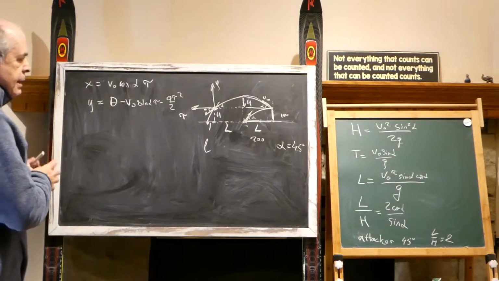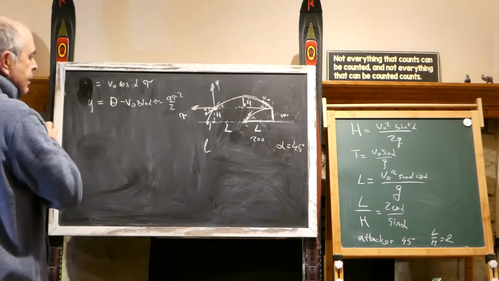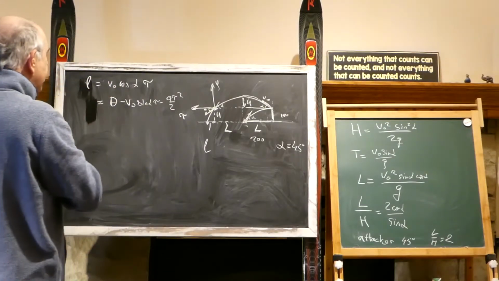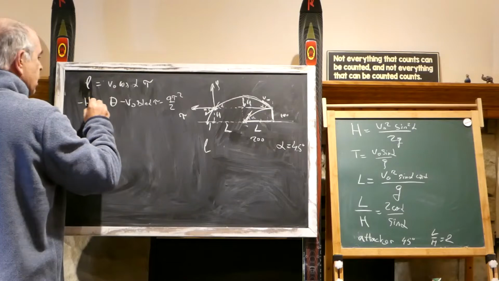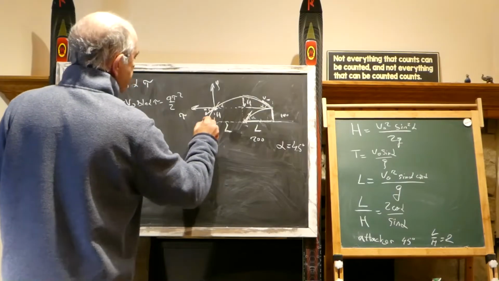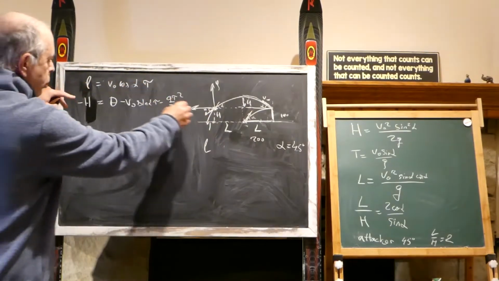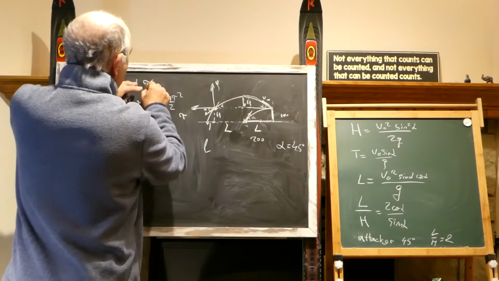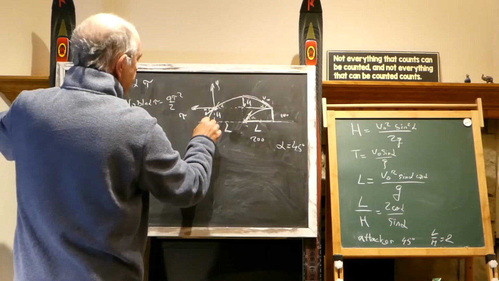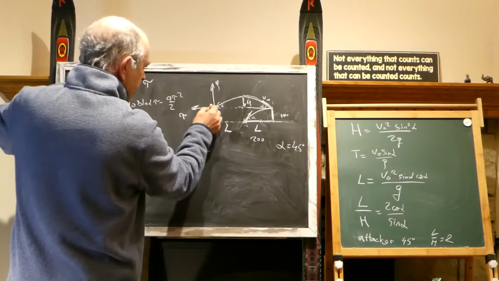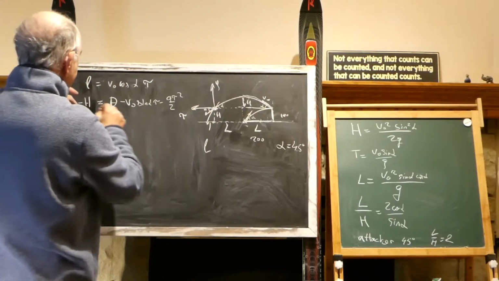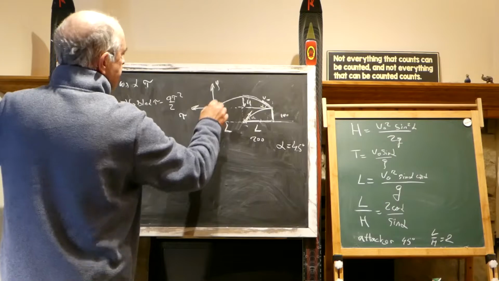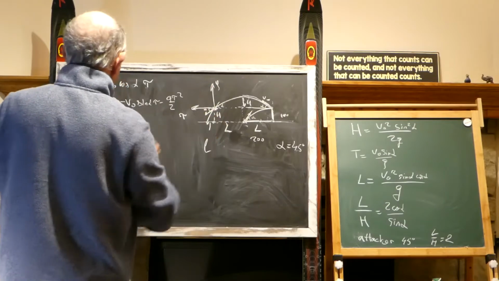And of course I can say now that x is L and y is minus h, and this describes this point. So when tau is 0, I'm here, and x and y are zeros. When time is tau, then I'm here, and I have positive L because I directed the axis this way. And I have minus h because my zero is here on this axis. So this point is minus h.